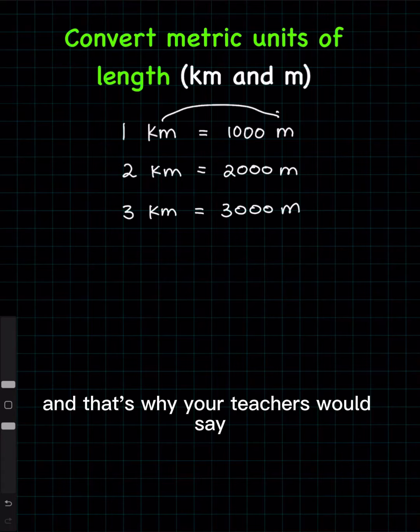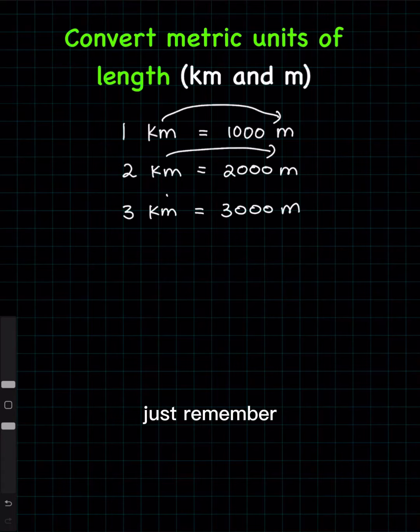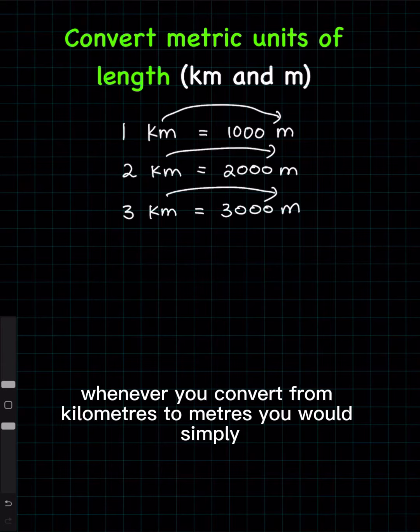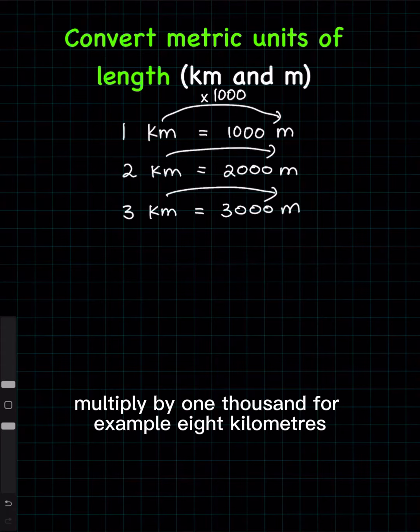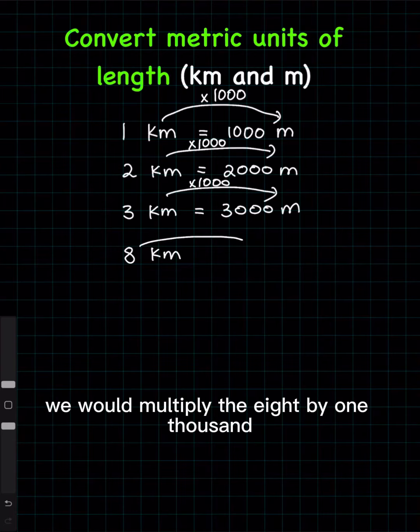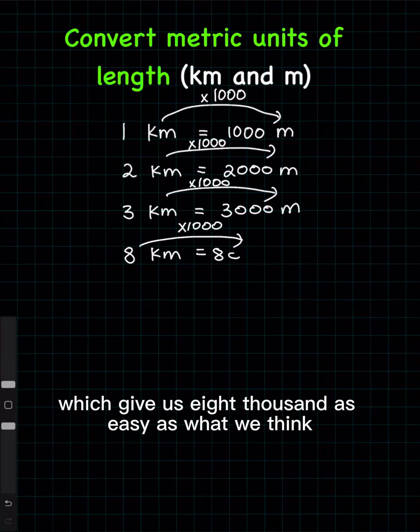And that's why your teachers would say, just remember, whenever you convert from kilometers to meters, you would simply multiply by 1,000. For example, 8 kilometers, we would multiply the 8 by 1,000, which gives us 8,000. As easy as what we think.